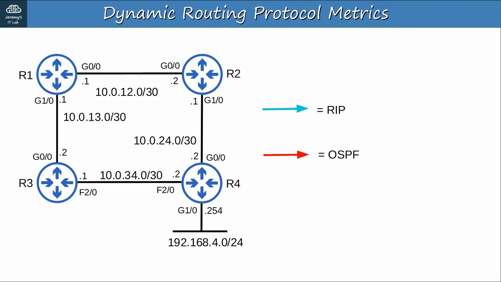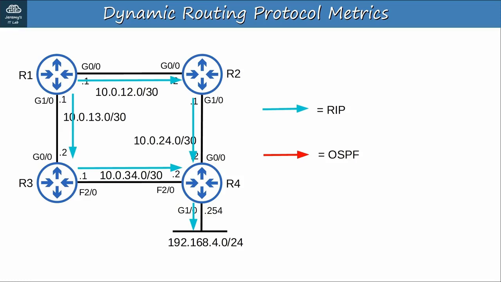One hop to R2, one hop to R4. Via R3, the hop count is also 2. One hop to R3, one hop to R4, even though the connection from R3 to R4 is a slower, Fast Ethernet connection. So both routes will be put into R1's route table, and R1 will load balance traffic using both routes, even though one route is slower.